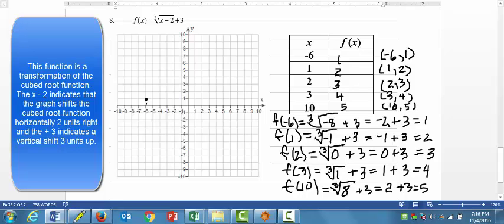Negative 6, 1; 1, 2; 2, 3; 3, 4; and 10, 5.